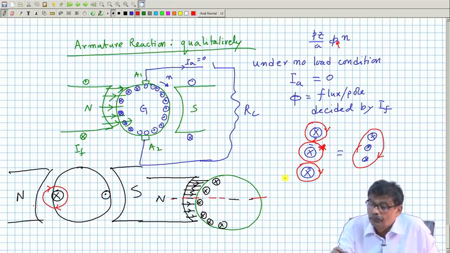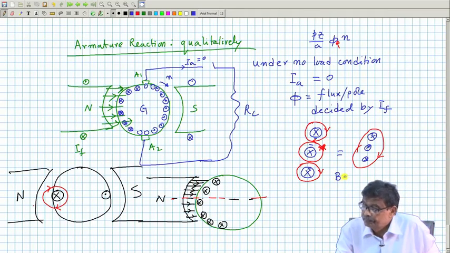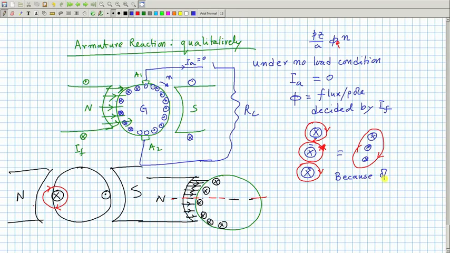So, the conclusion is, because of armature current IA, flux will increase in one half of the pole and will decrease in the other half.